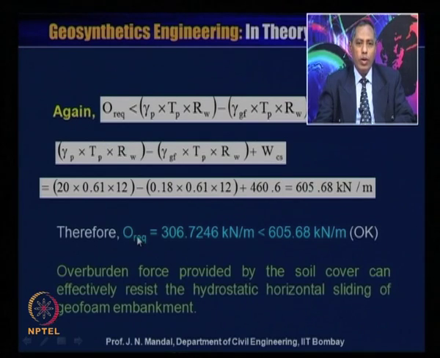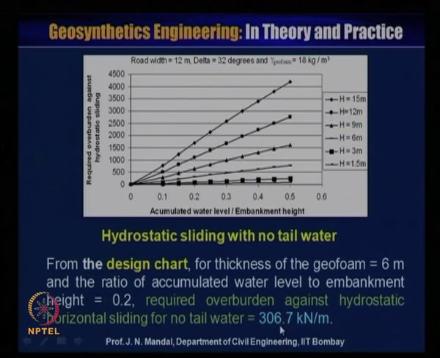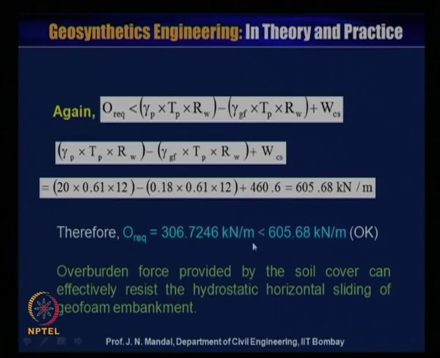Therefore, O required is 306.7246 kilonewton per meter, which is less than the 605.68 kilonewton per meter. That means it is okay, because the O required we calculated is 306.7, so it is less than 605.68 kilonewton per meter.